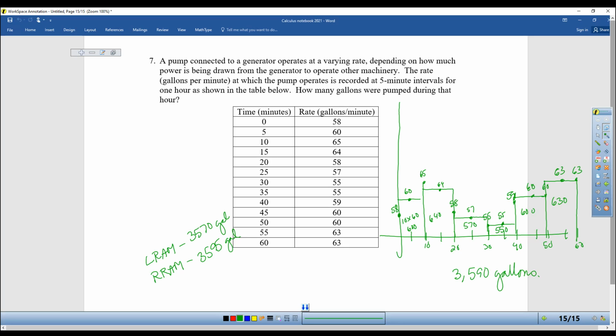Just one little quick note before we go about AP. Unfortunately, they won't accept this as your work. Please, please, please make sure that you write 10 times 60 plus 10 times 64. If you do not show evidence of both addition and multiplication all the way, they will not give you credit for it.